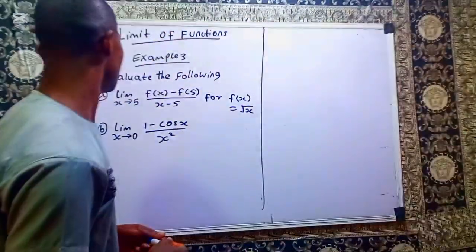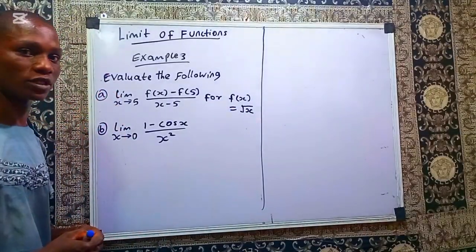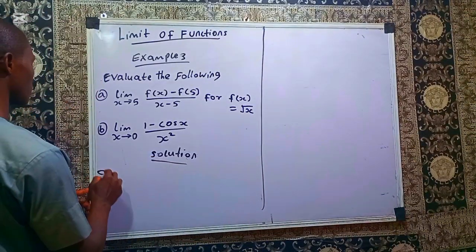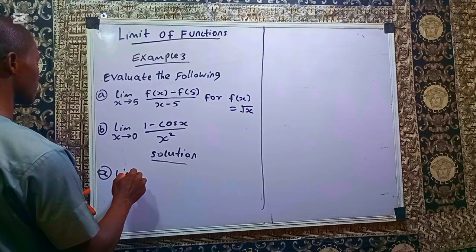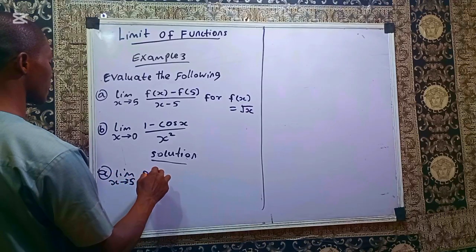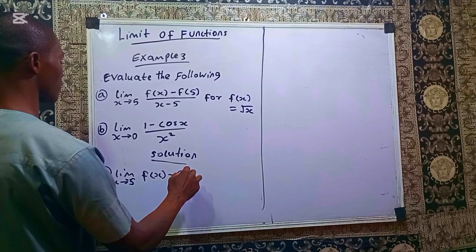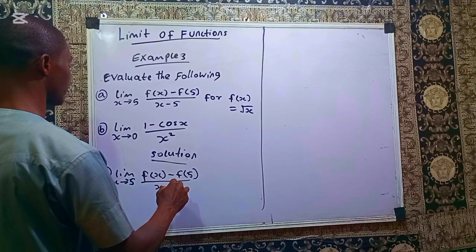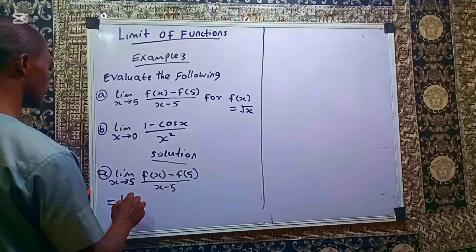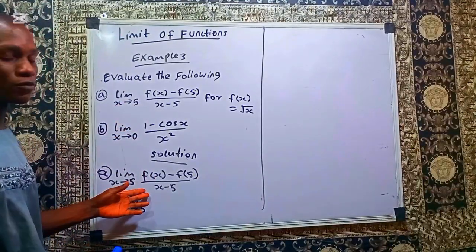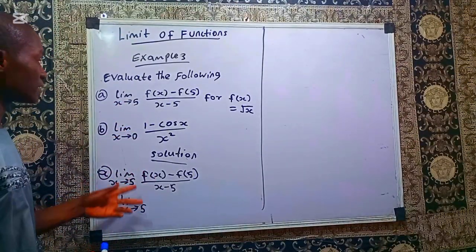So let's look at these two questions on the board here. Let's evaluate the limits. For question A, we are given the limit as x goes to 5 of f of x minus f of 5, all divided by x minus 5. This is the question given to us, that's what I write.